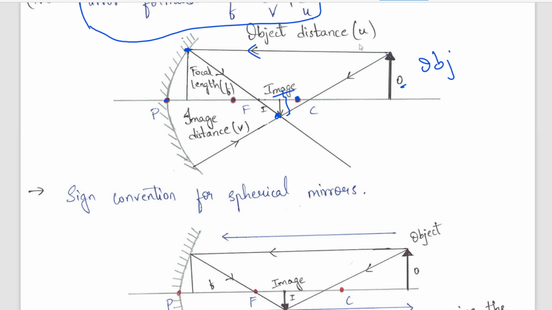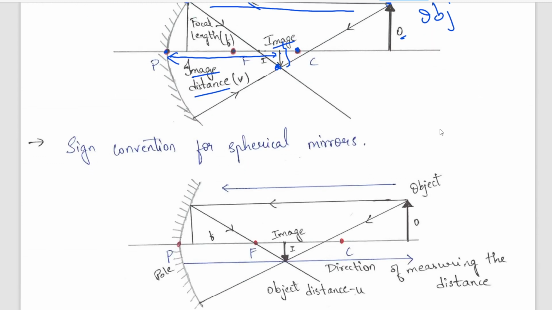The object distance is calculated as the distance between the object and the pole. This is the object distance, and the image distance is v. This is the image distance, from the pole to the image.